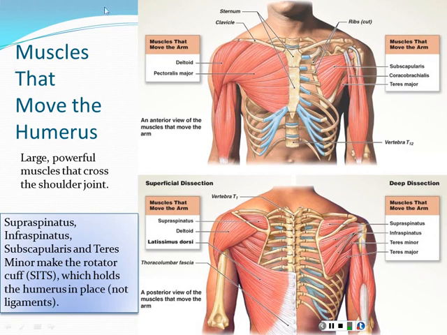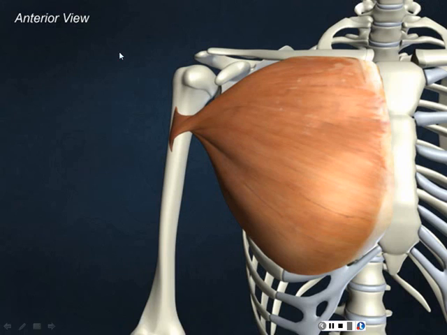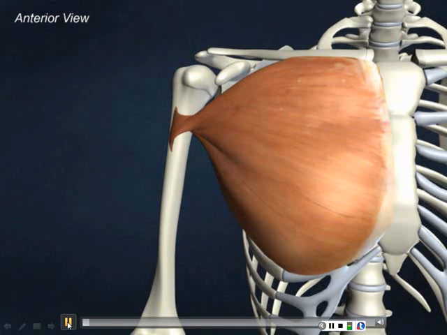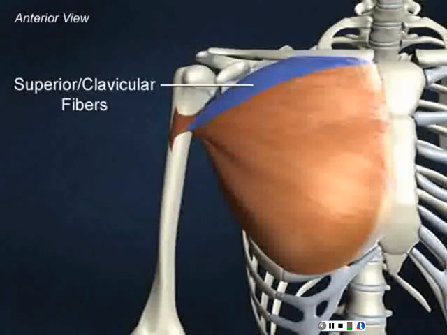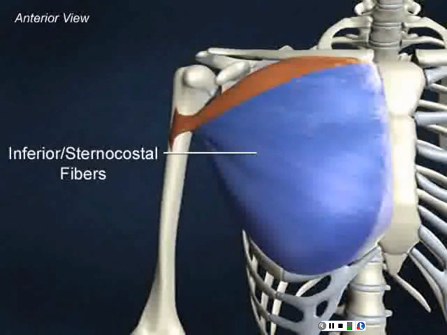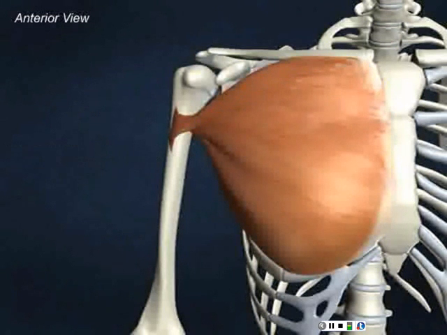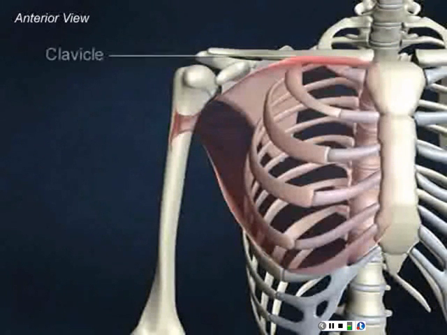All right, so let's look at the pectoralis major. The pectoralis major is the large superficial muscle of the arm located in the anterior thorax. It may be separated into two groups of fibers, superior or clavicular, and inferior or sternocostal. The origin of the superior or clavicular fibers is from the anterior surface of the medial one-half of the clavicle.